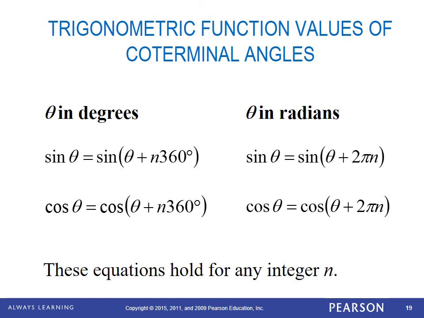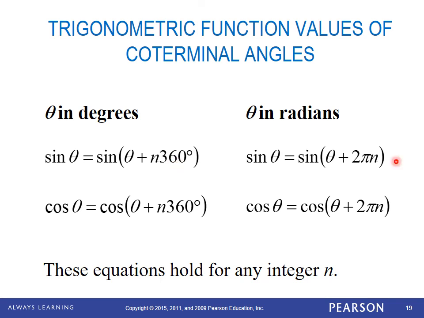So notice it's going to be one full revolution around. If you think in terms of degrees, what we're really saying is this: if I have an angle right here, I'm going to get the same exact value as if I added multiples of 360 degrees. Does that make sense?